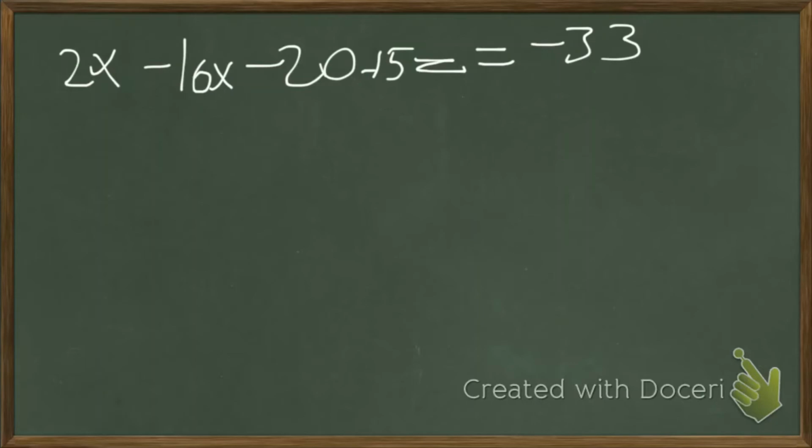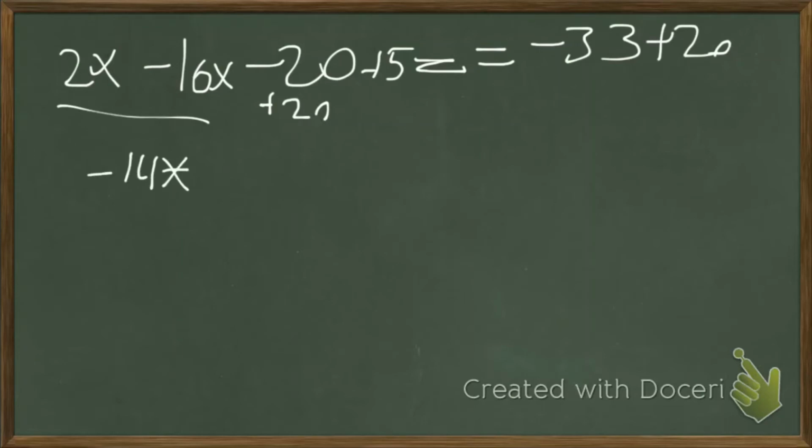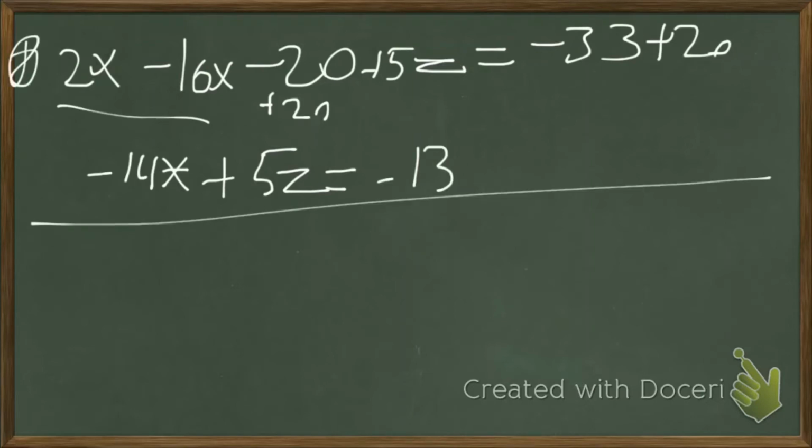Combine like terms, 2x minus 16x, and add 20 on both sides. It becomes minus 14x plus 5z equals minus 13. Now let's do it for the second equation.